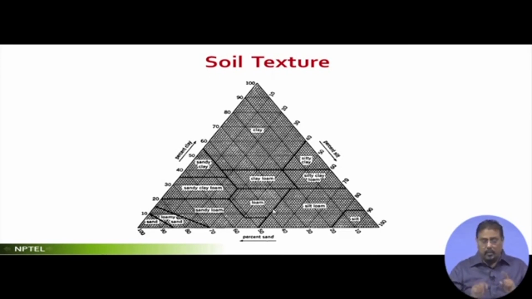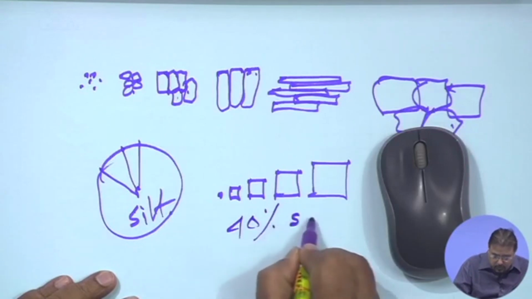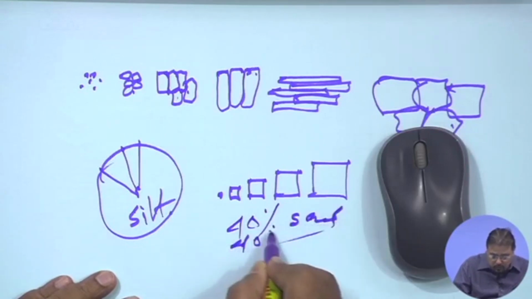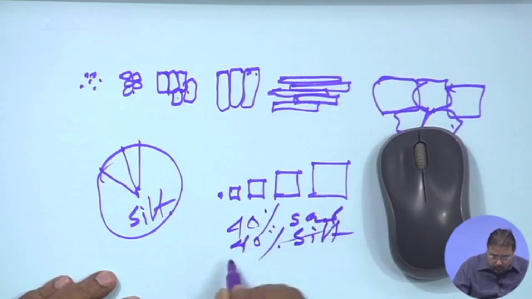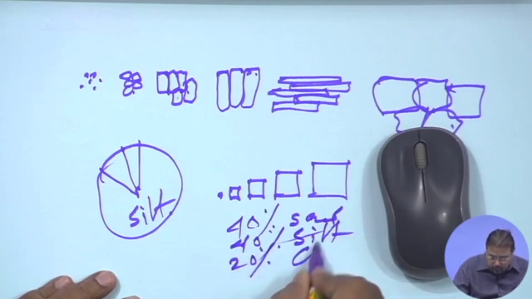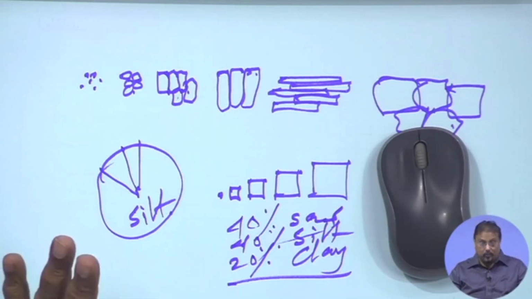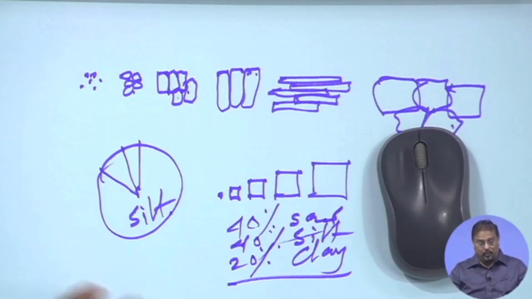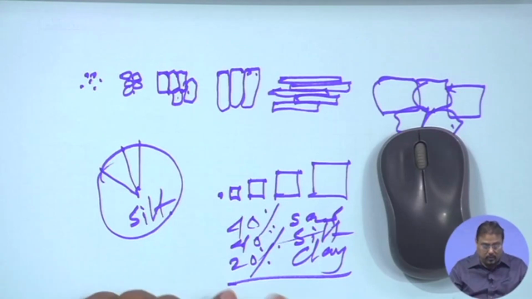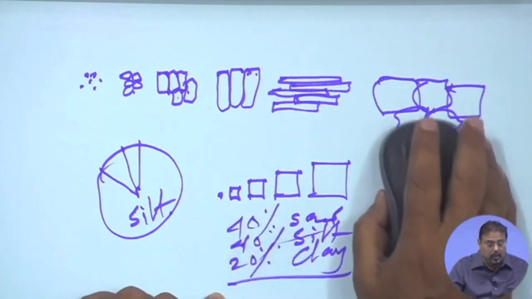That means 40 of sand, 40 of silt and 20 of clay is considered one of the best possible combinations in the texture, very suitable for vegetative purposes and also structurally stable. The structure is held together with many other elements like organic components. So this proportion is very important, and that is what a loamy soil is.